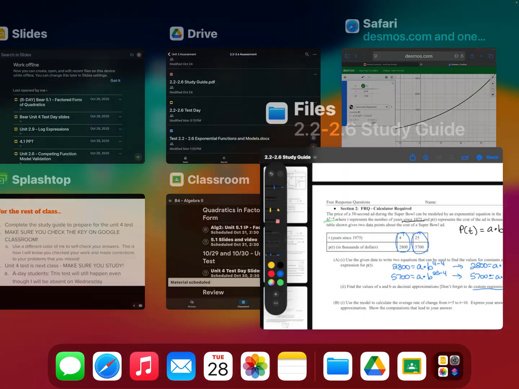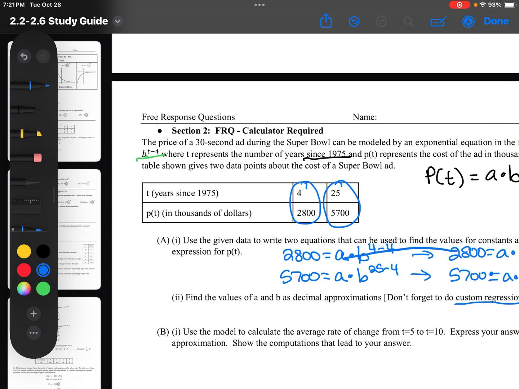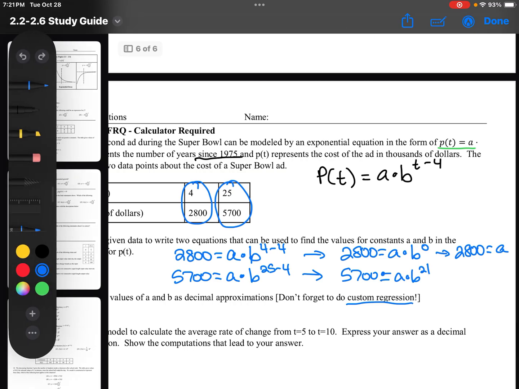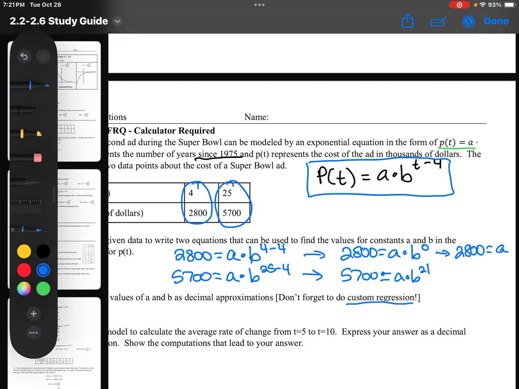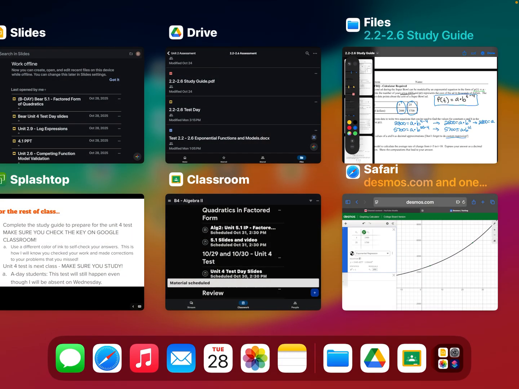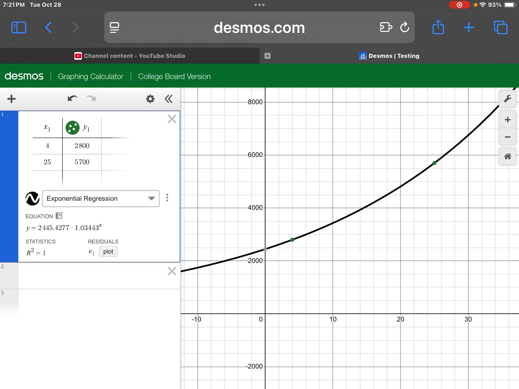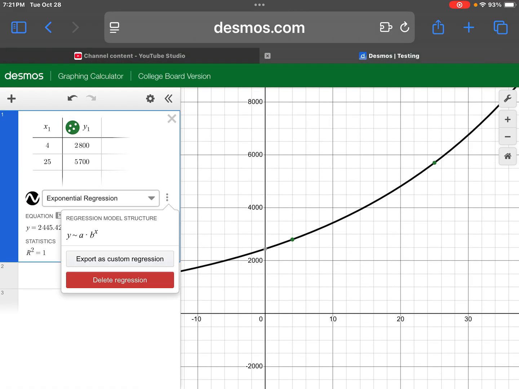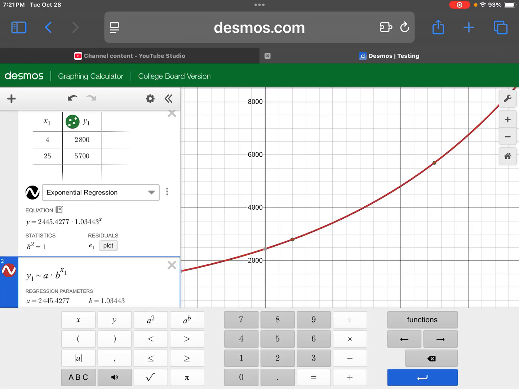Well, our equation format says it needs to look like this, so I need to do a custom regression so that I can make that exponent say t minus 4, or x minus 4. I'm going to click these 3 little dots next to where it says exponential regression, and I'm going to export as custom regression.